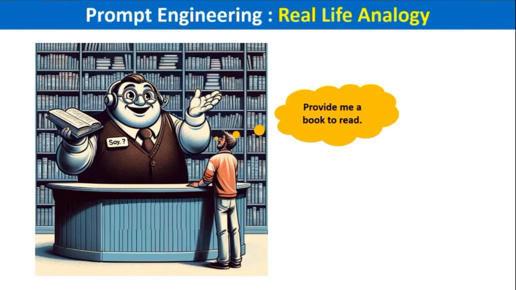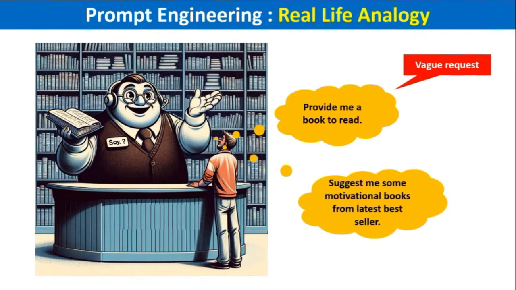In this case, your request or input was a vague request. Now, suppose you say, suggest me some motivational books from latest bestsellers. Now, this detailed request guides the librarian much more effectively, making it likely that the outcome will be closer to what you desire. This is a detailed and a specific request.